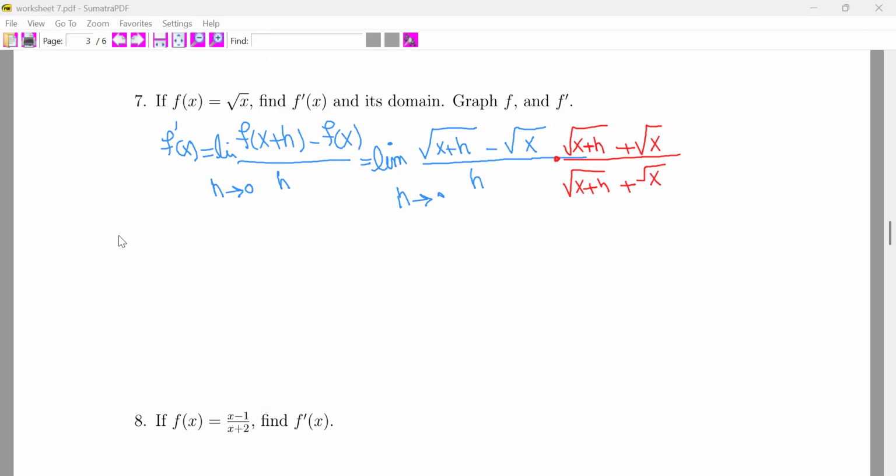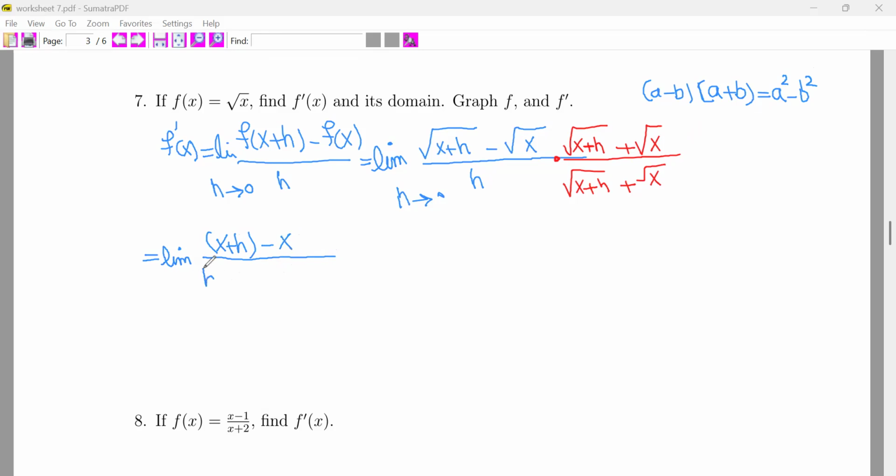Now, by multiplying these and using the formula that we had, a minus b multiplied by a plus b equals a squared minus b squared, we would get the limit of the square of the first one, which is x plus h, minus the square of the second one, which is x.